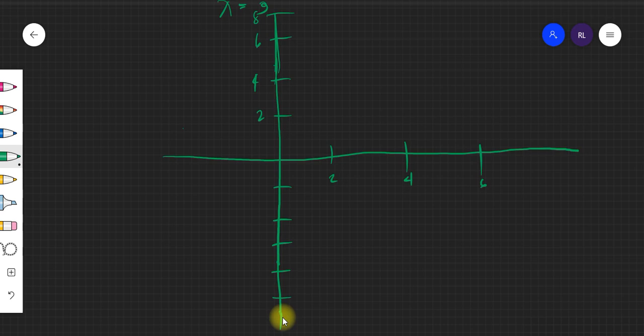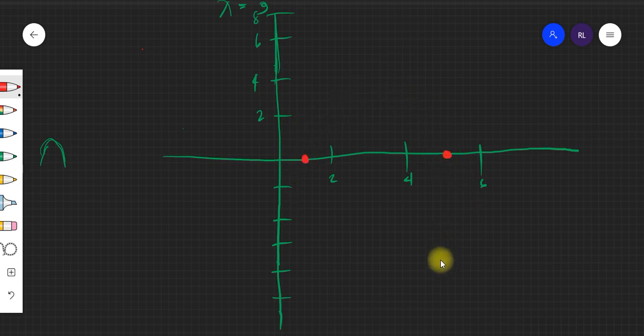Remember that in letter A, our graph opens downward, so it looks like this. Then it passes through 1, 0 here, and it passes through 5, 0 here. So the graph will do like this.